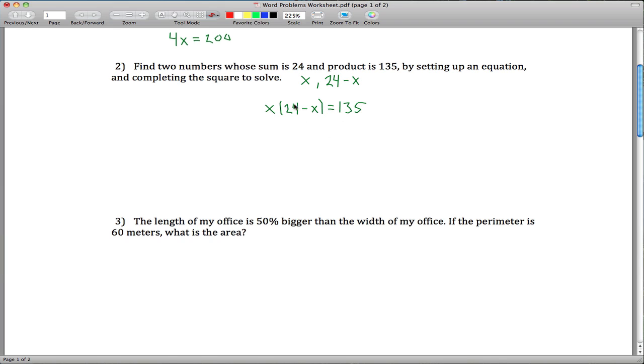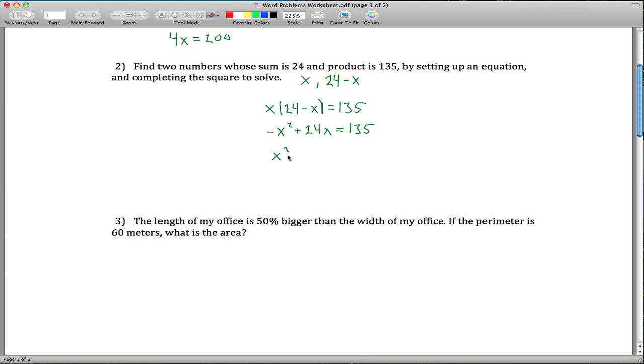To solve this, you distribute this x through, and you get negative x squared plus 24x equals 135. To complete the square, maybe move everything to one side of the equation.